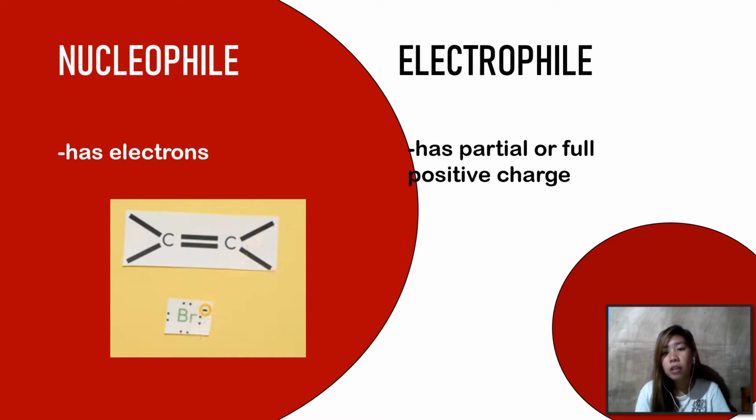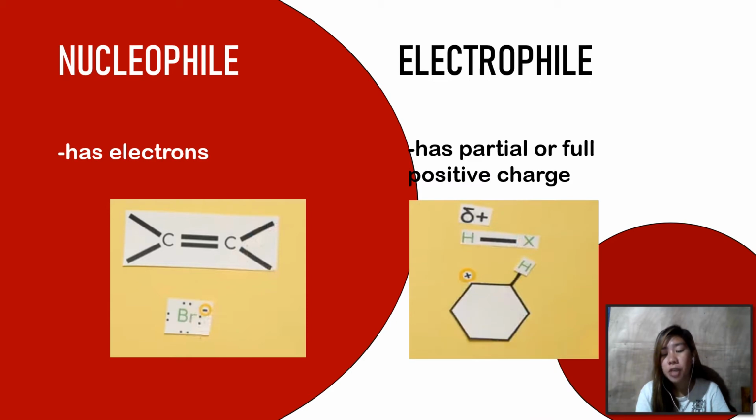On the other hand, when we say electrophile, these are atoms or compounds that have partial or full positive charge. For example, in the diagram, we can see that there is an excess positive charge here that is very much willing to accept an electron.